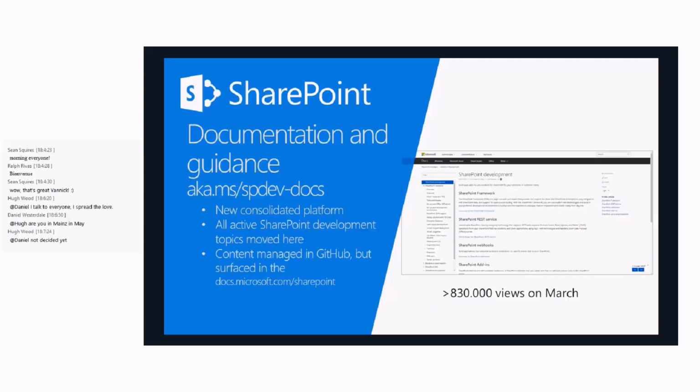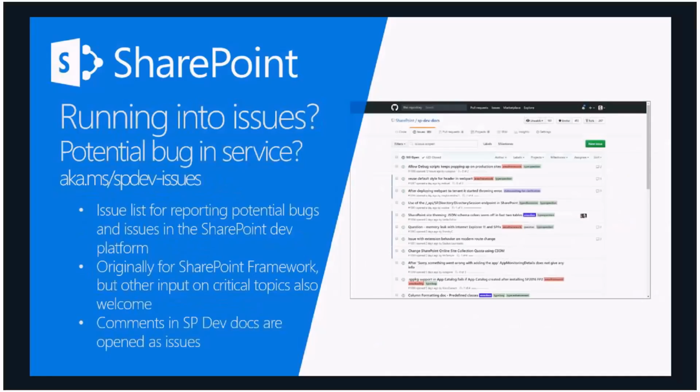Now, other things, running into issues. Please do not send me emails, because still people do this and say, hey, I found this potential bug in CSOM. Trust me, I do not scale. Individual engineers do not scale for those one-to-one questions. So please go to aka.ms/spdev-issues.